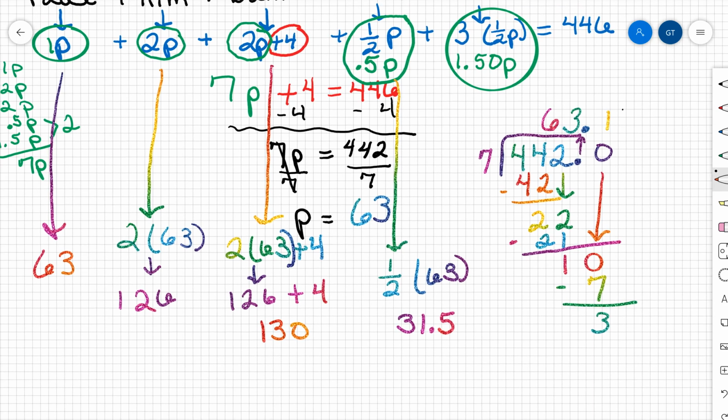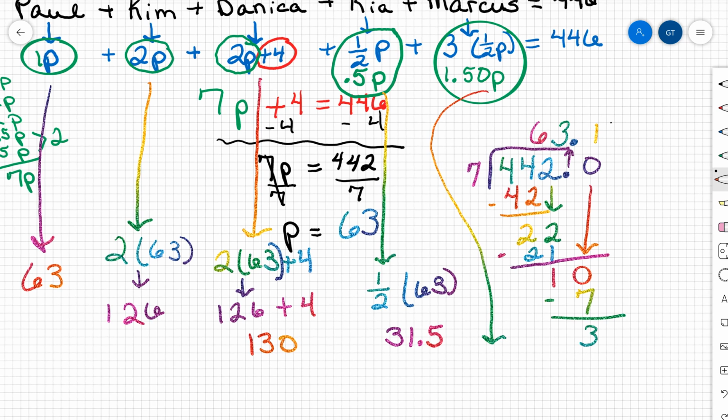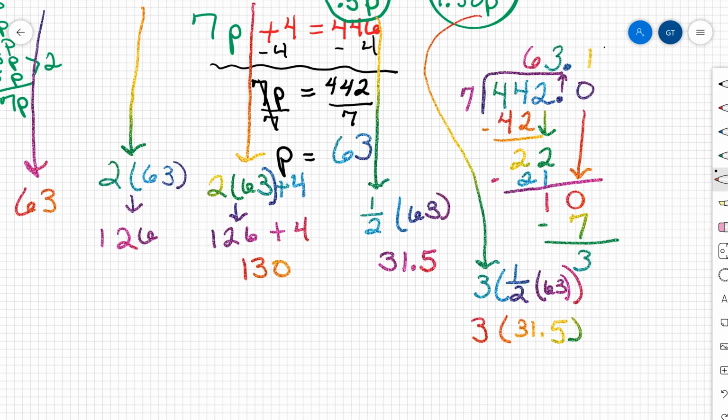Marcus has 3 times Kai's. Okay, so Kai has 31.5. So it's going to be 3 times 1/2 times P, which is 63. Okay, and we know that 1/2 times 63 is 31.5. So 3 times 31.5.